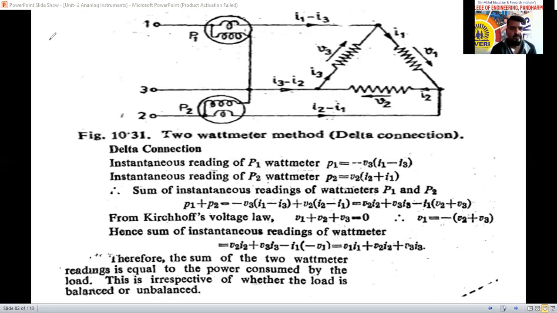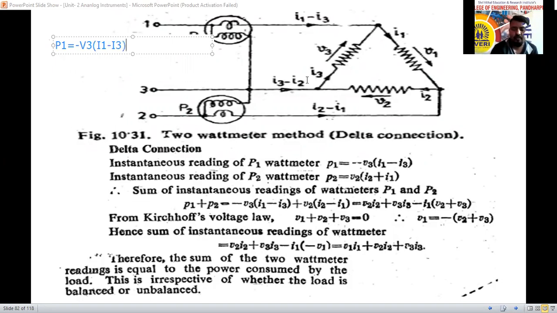So we can write P1 equals minus V3 times the related current, which is I1 and I3, again reversing, so I1 minus I3. P1 equals minus V3 (I1 minus I3).